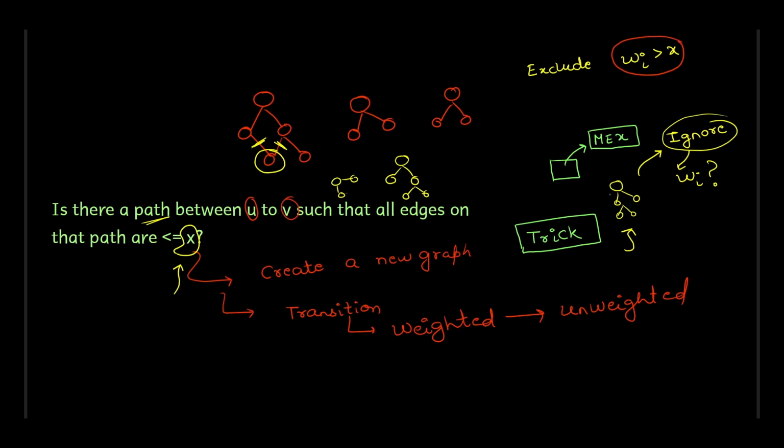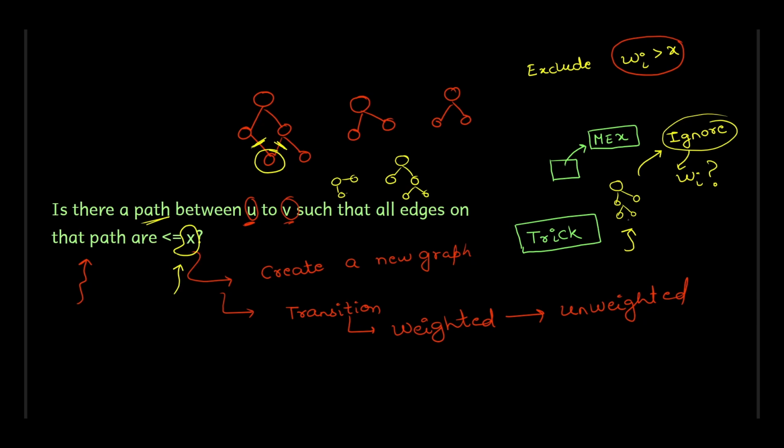Therefore, all the edge weights are actually equivalent, because the problem is not asking you to minimize the path or something. It's just asking you whether a path exists between u and v such that all the edges on the path are less than or equal to x.